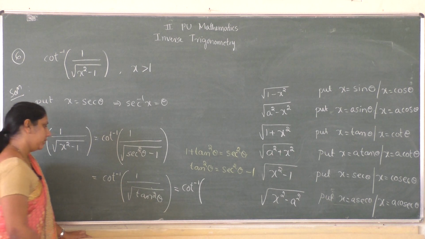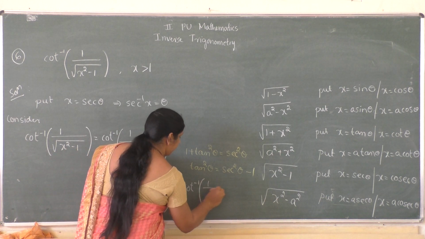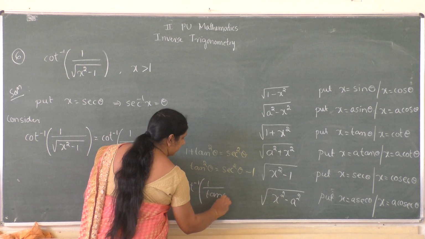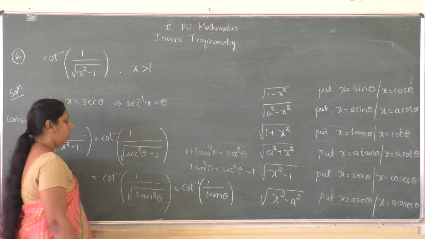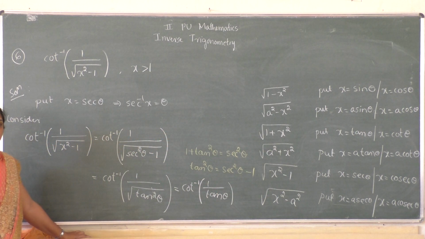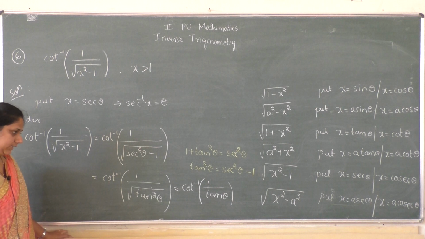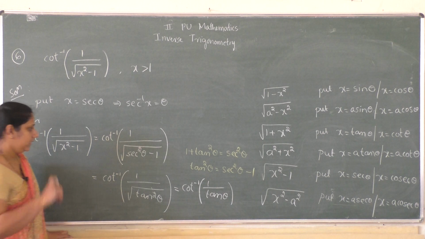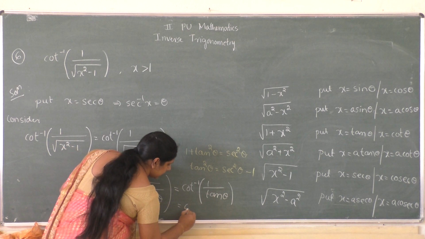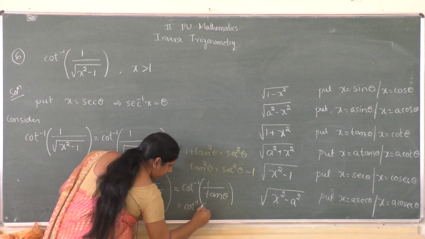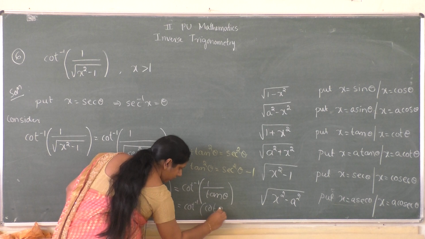What are the remaining terms? It is 1 by tan theta. We got the term cot inverse of 1 by tan theta. What is 1 by tan theta? It is cot theta, so cot inverse of cot theta.